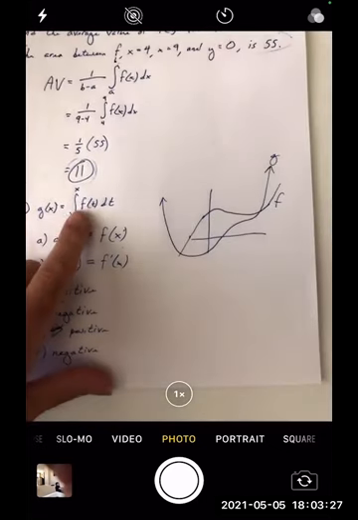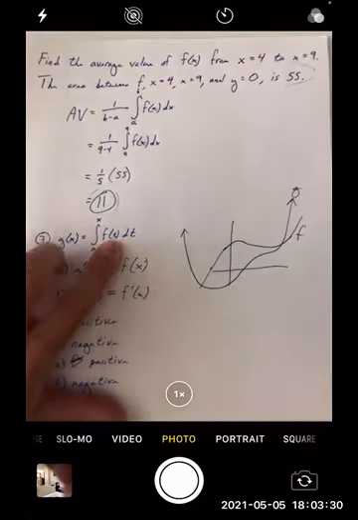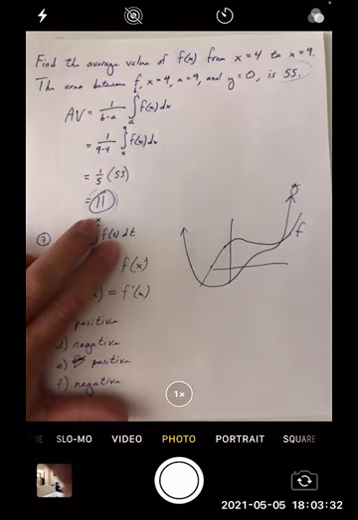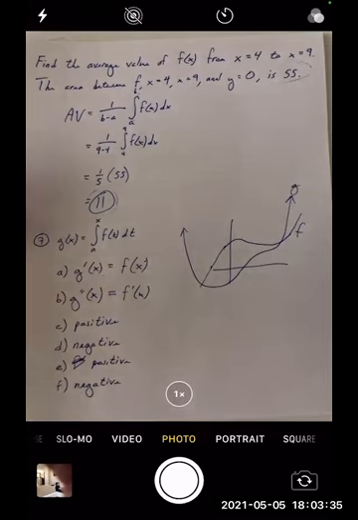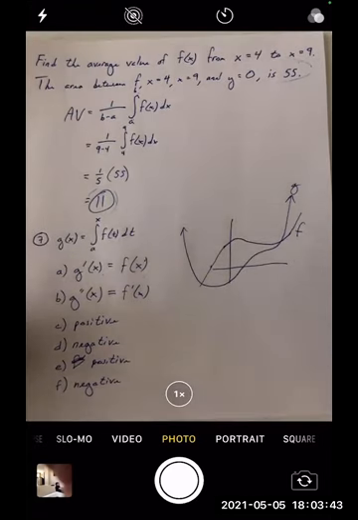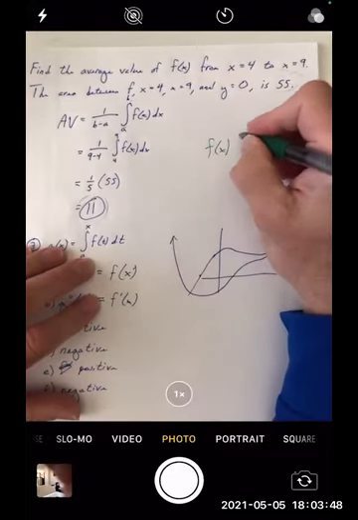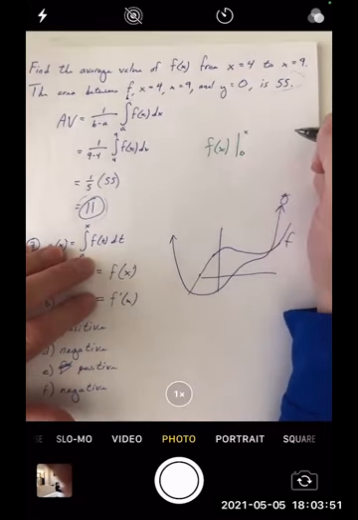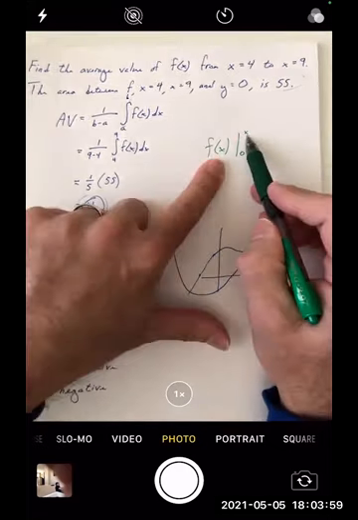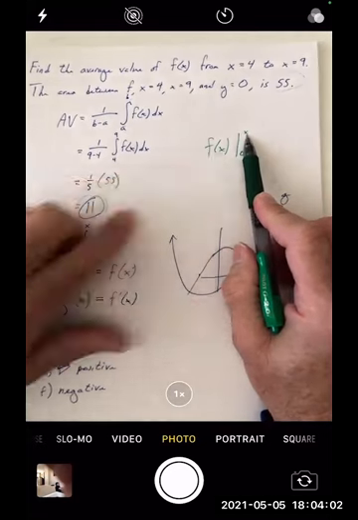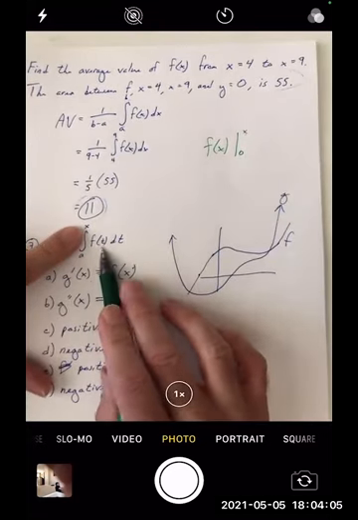The only reason they're different variables is that it would be weird to integrate f of x and then plug in x as a bound. Like, it would be weird to have f of x going from 0 to x. So to avoid having the same exact variable, they made one x and the other one t.